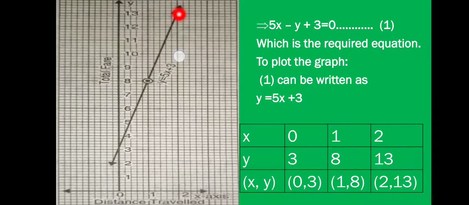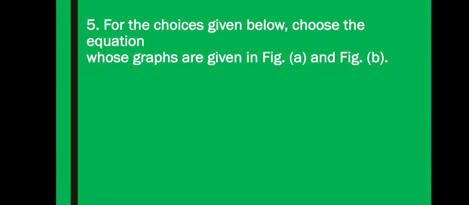So this is 13. So this is the third point, 2 comma 13. Then we will join all these 3 points. We will see all the 3 points will lie on the same straight line. Okay, this is the graph for this equation.